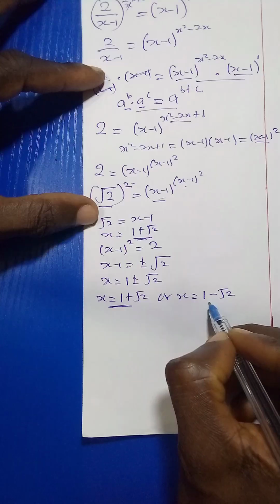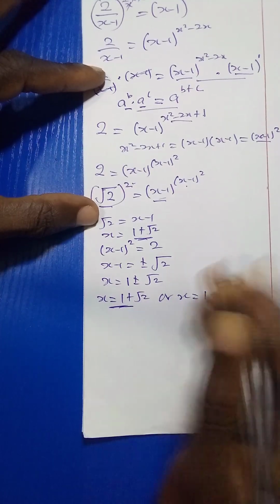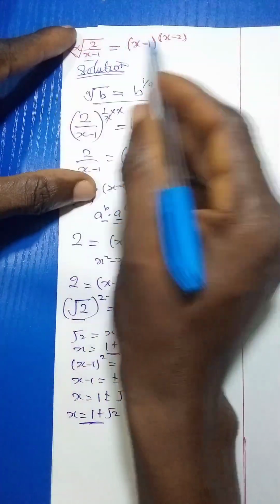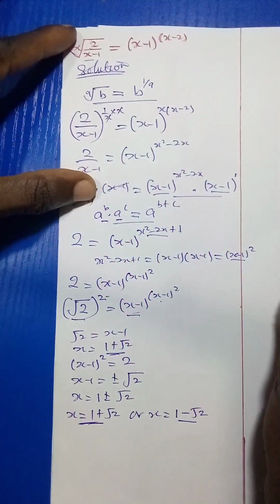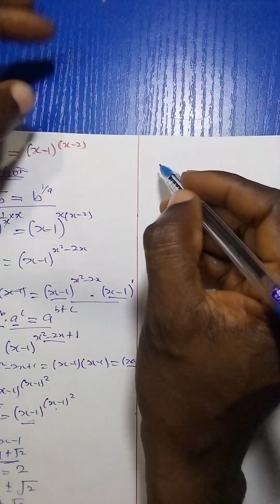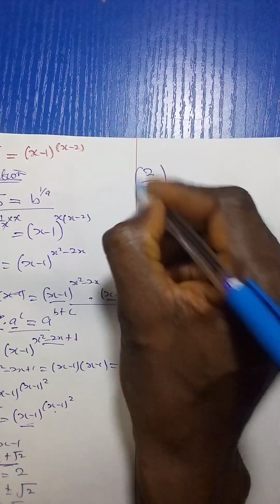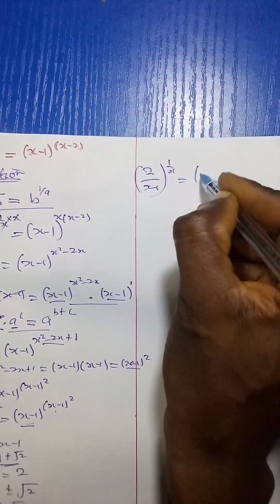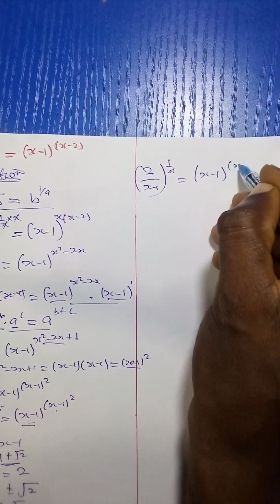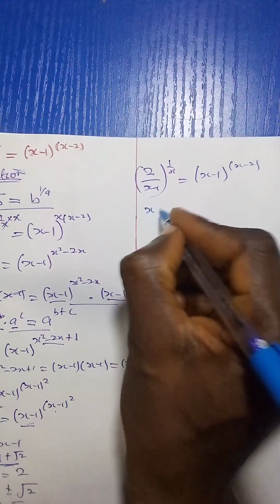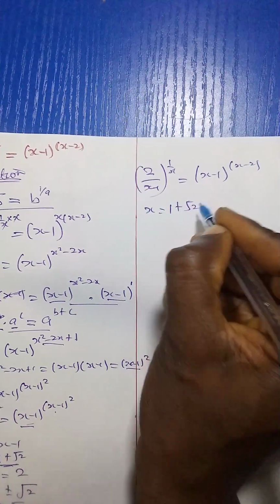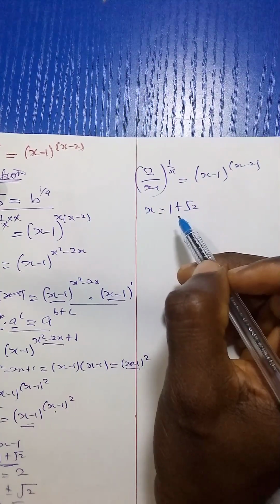Now, if we put both values of x in the original equation, we will get a balanced equation. Let us try it here. So I am going to start with 2 over x minus 1 to power 1 over x is equal to x minus 1 to power x minus 2. Now, when x is 1 plus root 2, let's see if we are going to get a balanced equation.